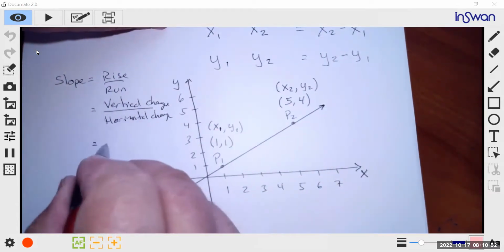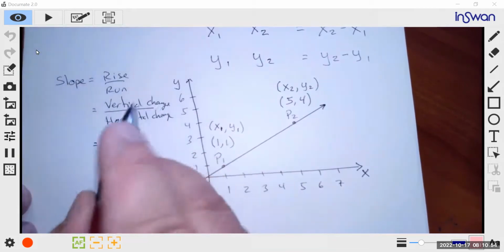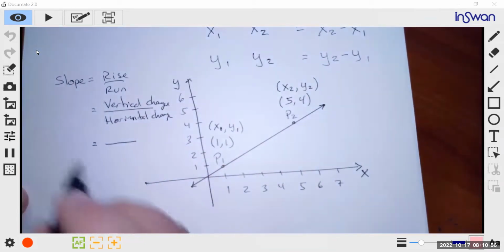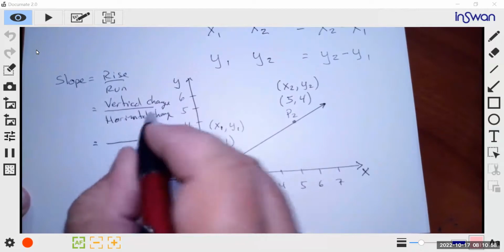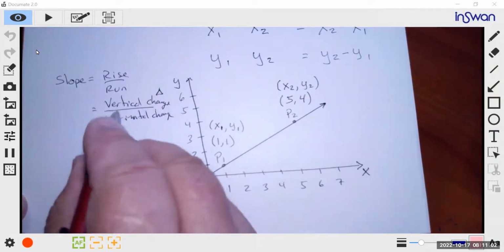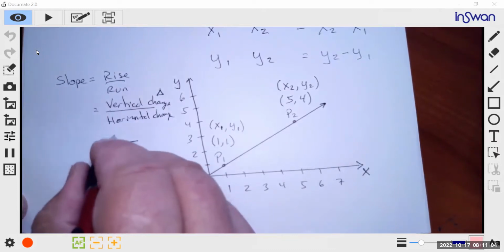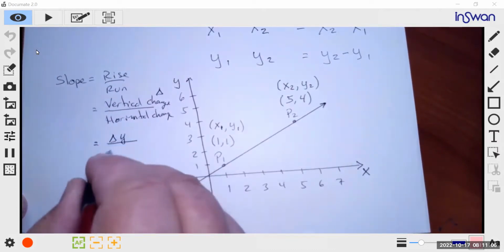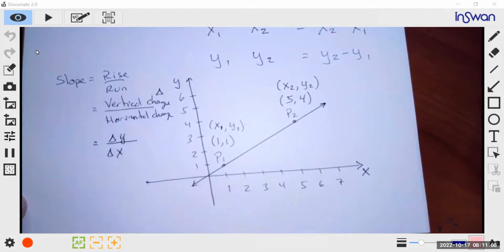In mathematics, the word change is represented by the delta sign, the triangle. Since the vertical is the y's, it's the change of y over the change of x.